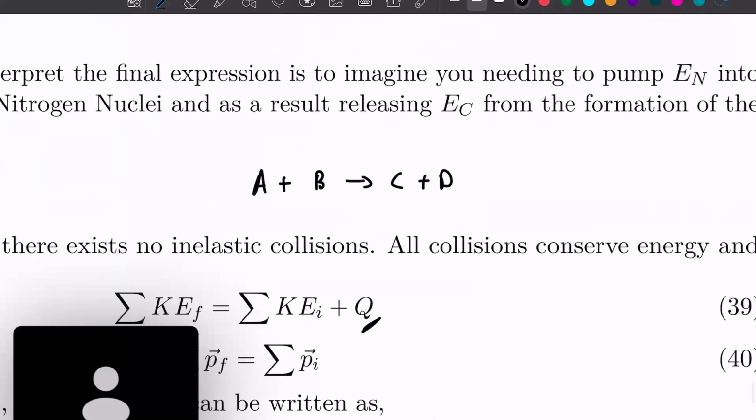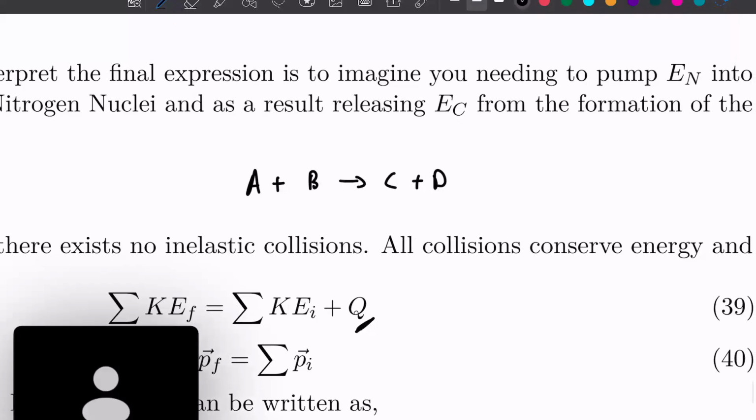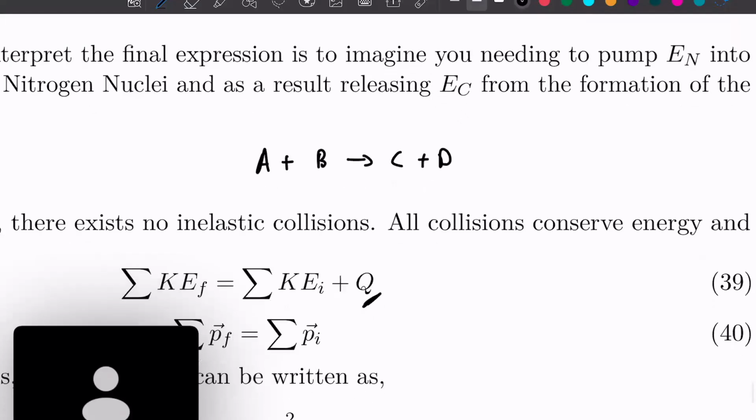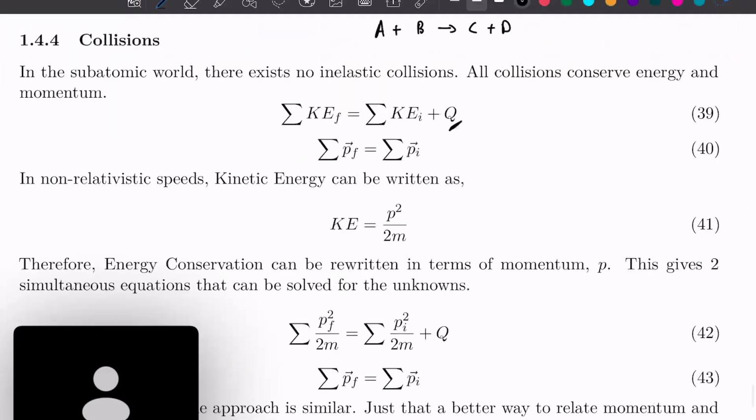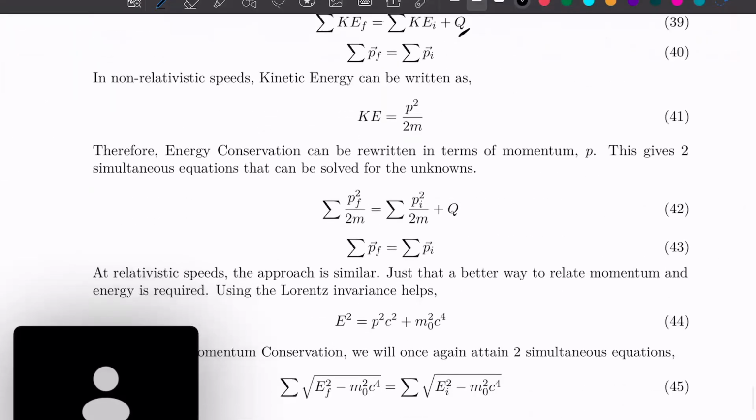To reiterate, if the mass of the system has decreased, then this release in energy is used as the kinetic energy of the particles. And likewise, if the mass of the system increases, that means it is more massive, then the kinetic energy is converted into some potential energy, which is why it increases the mass of the system.